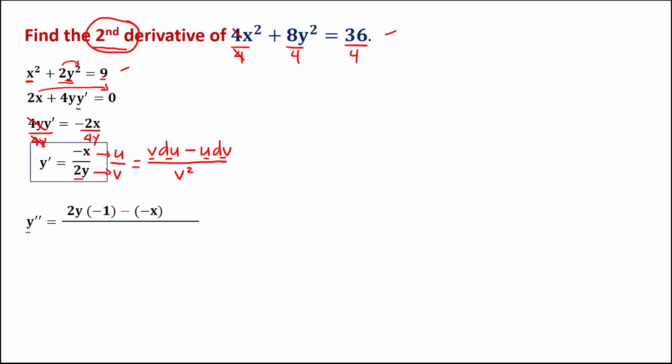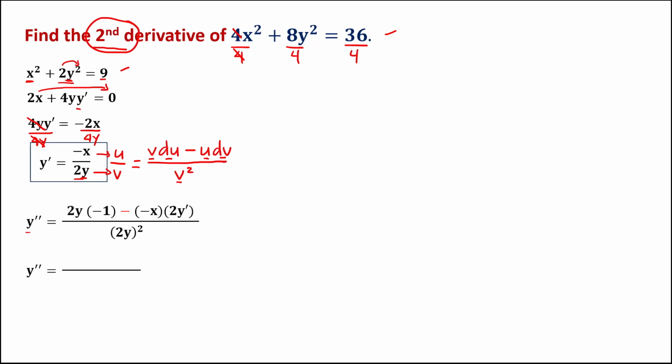The derivative of 2y, again, for every derivative of y there is always a y prime, is 2y prime, over v squared, or 2y to the power 2.